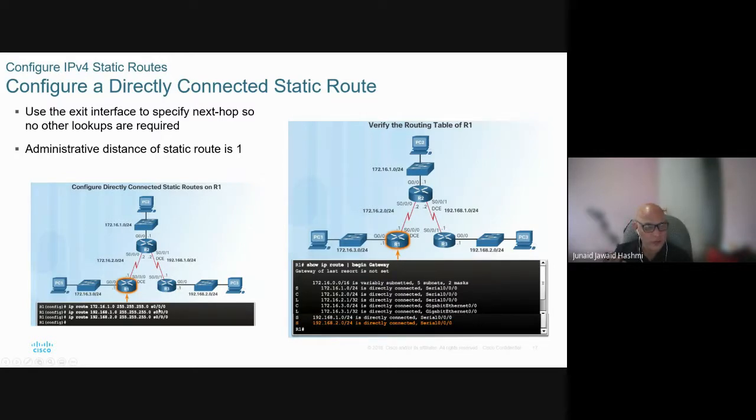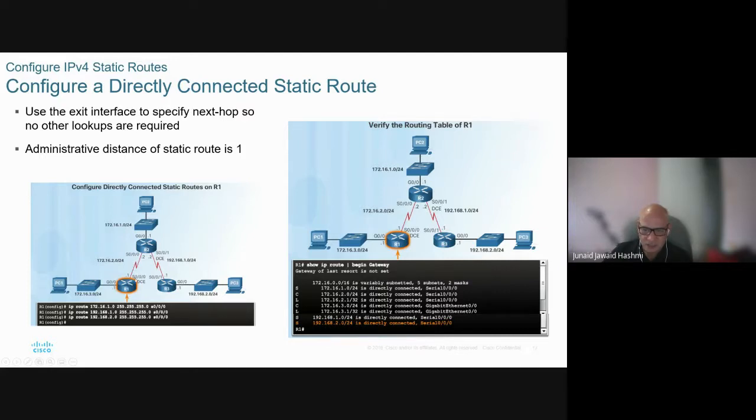So there are two ways to choose the next hop. Either specify the IP address of the router, or use the name of the interface.